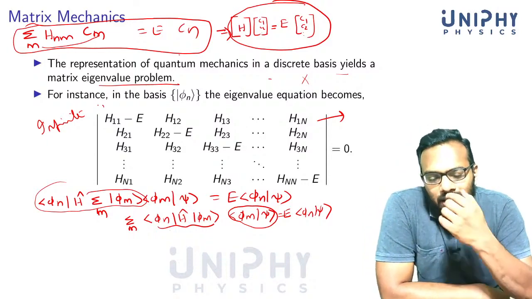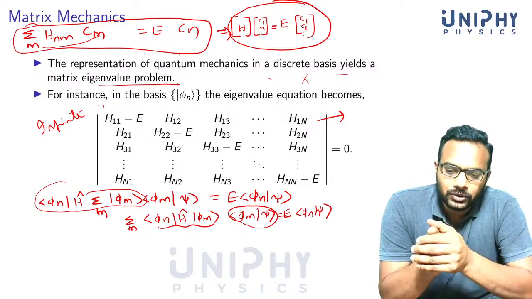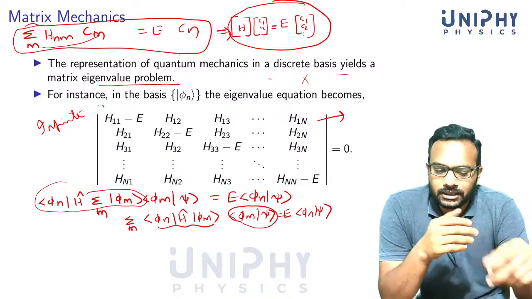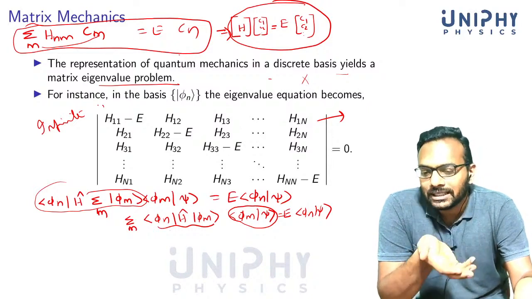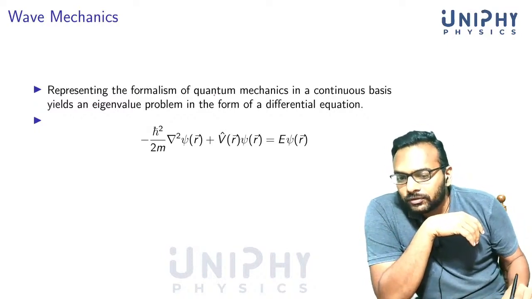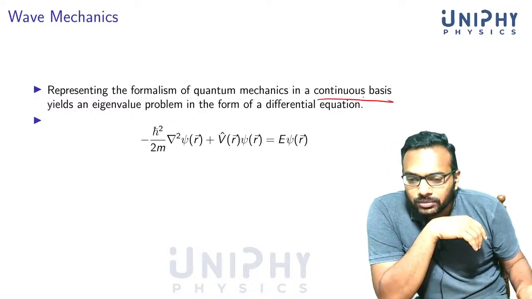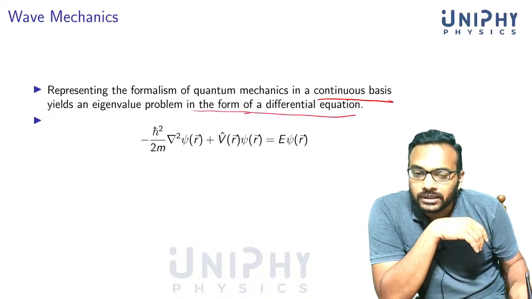So when it becomes infinite dimensions, if you are using a continuous basis, it's more convenient to use a different kind of representation. It's convenient to use functions and differential operators. So representing the formalism of quantum mechanics in a continuous basis yields an eigenvalue problem in the form of a differential equation.